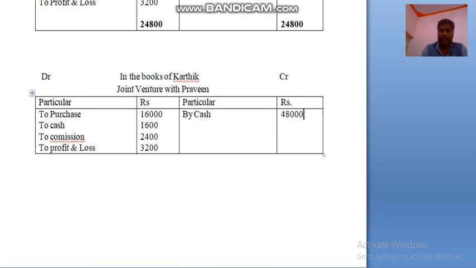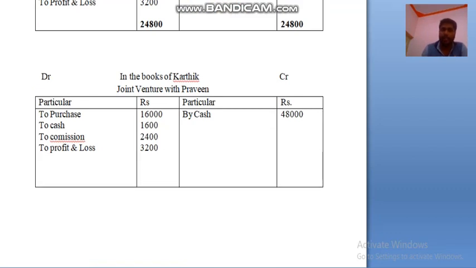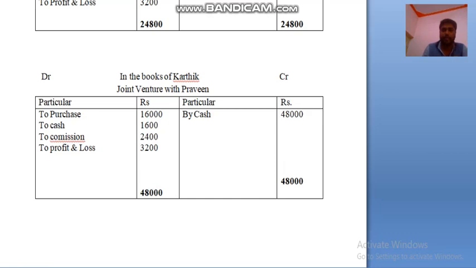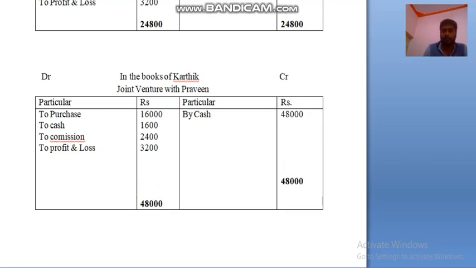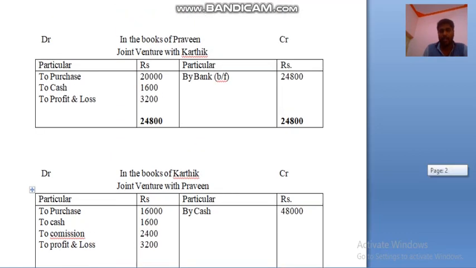I think the credit side is more than the debit side. So make a balance of 48,000 on both sides. Now the balance figure in Karthik account is 24,800, balance figure to bank account. Now the personal accounts of Praveen and Karthik are over.